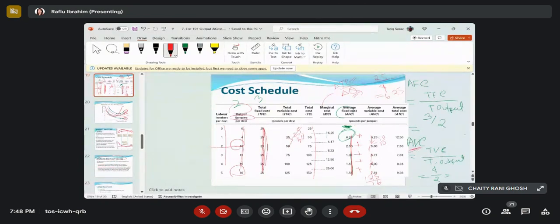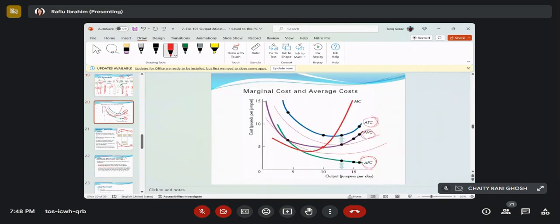So যেহেতু total variable cost হচ্ছে numerator, তার মানে হচ্ছে if total variable cost increases because of the increasing labor cost, that's automatically going to increase the average variable cost. So average variable cost increases, and likewise, that cost curve is gonna go up.